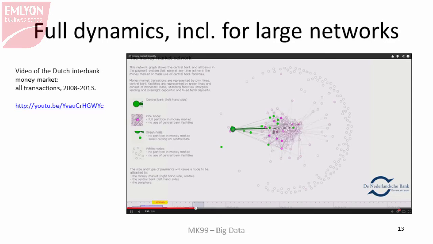And finally, related to the previous slide, but here really full scale, networks allow you to see how networks evolve in time. So it's not just about how, as we saw in the previous slide, information spreads on the network.